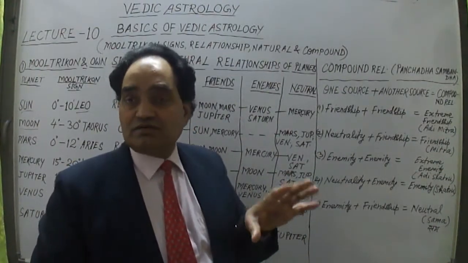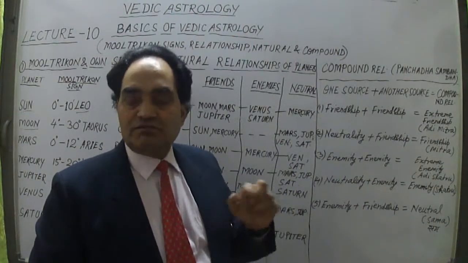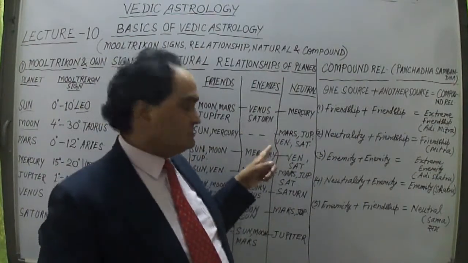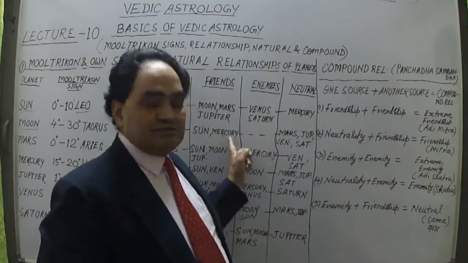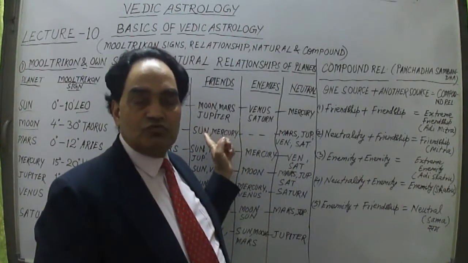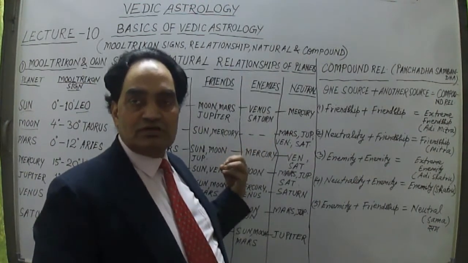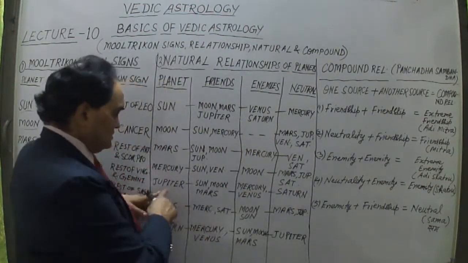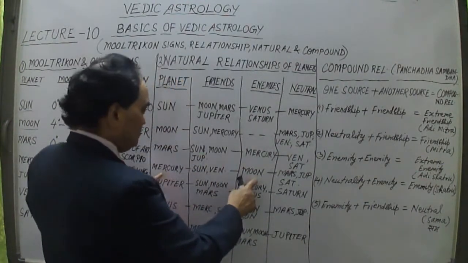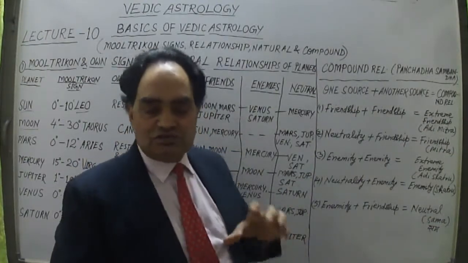Mercury doesn't welcome Moon because Moon is treated as an enemy by Mercury. But Moon takes Mercury as a friend. So Mercury is the friend of Moon, but Moon is not a friend to Mercury, but an enemy. This is very important to know. These are very factual things, and they have to be noted down.